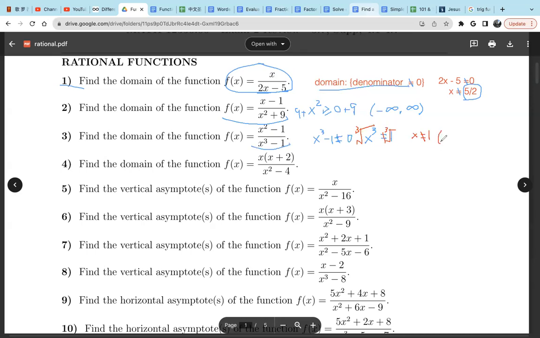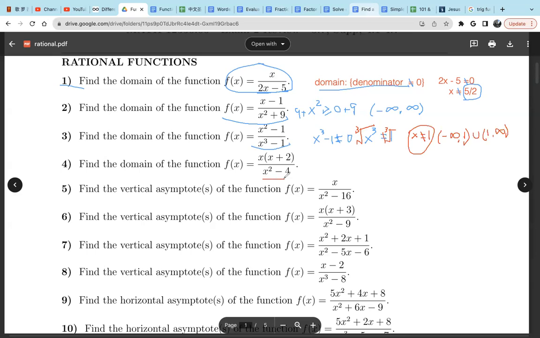We can write in interval notation: the domain goes from negative infinity up to 1, not including 1, so use a close parenthesis, union 1, open parenthesis, not including 1, up to positive infinity. So this notation successfully omits the value 1. So it's the same as x not equal to 1.